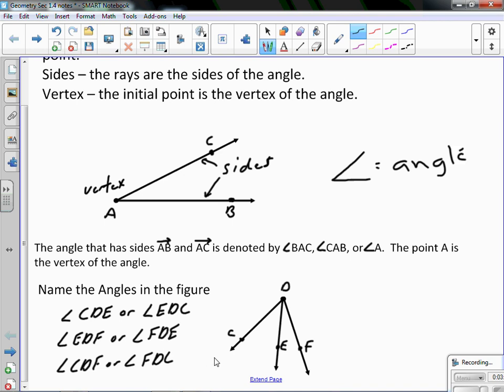In order to use the single letter for the name, there has to be only one angle that has that vertex. And in this picture, every angle in the figure has point D as the vertex. So all three angles we listed here all use D. So if we just said angle D, we wouldn't know which one of the three angles we were talking about.